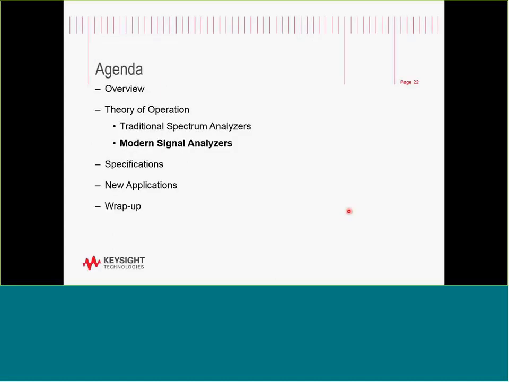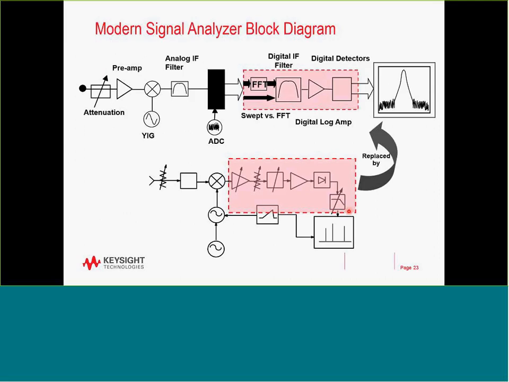Look at the modern signal analyzer. If you look at this part of the block diagram, it can exist, but it doesn't exist in its analog form now; it's digital. The signal comes in and has this input attenuator. You have an option to get a preamplifier, if your signal is too small, to amplify it before it goes to the mixer.